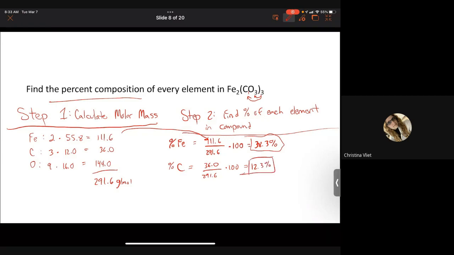And then for oxygen, the percentage of oxygen is going to be 144 on the top, 291.6 on the bottom, multiplied by 100. And I get 49.4%. Add up all the percentages, see if they add up to 100% or within 0.1 of 100%. They should.